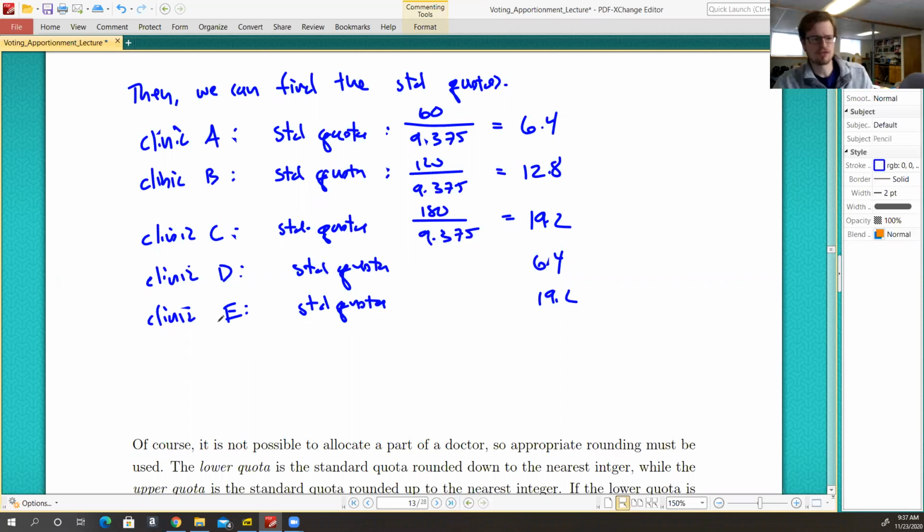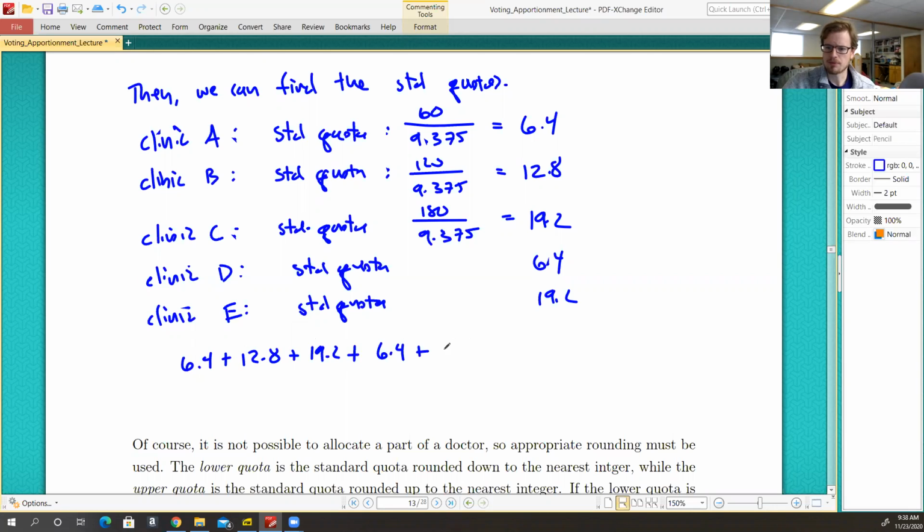We can't distribute 4/10, 8/10, or 2/10 of a doctor, but we should notice that if we add all of these up, we have distributed the 64 doctors.